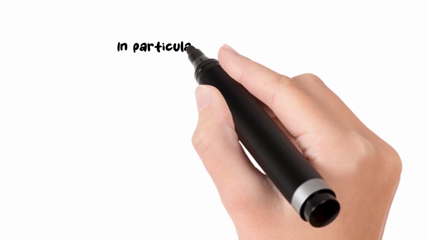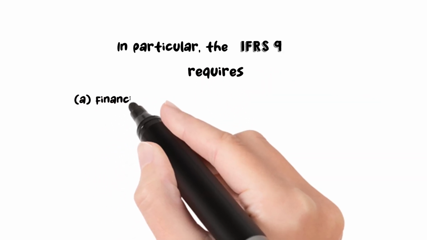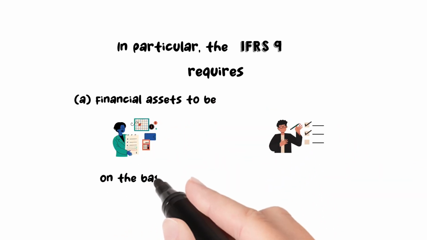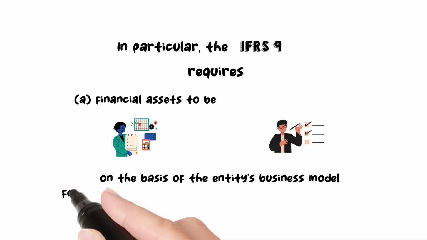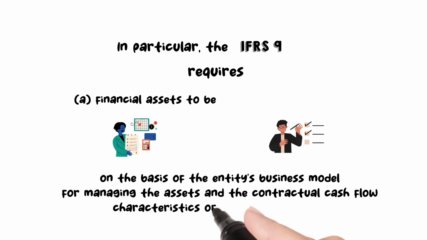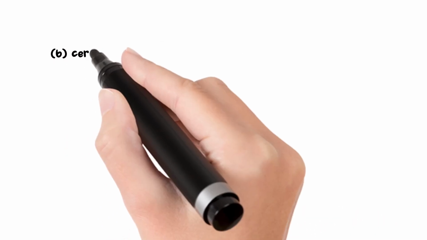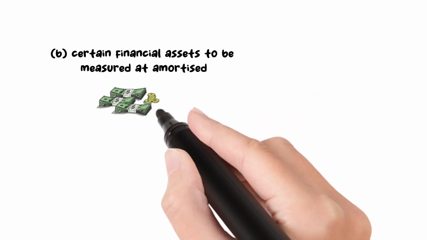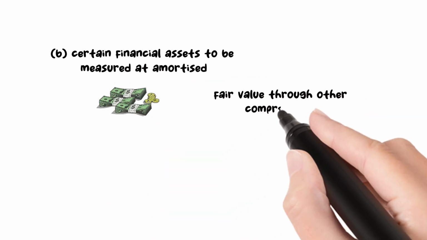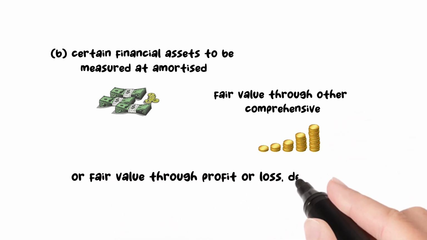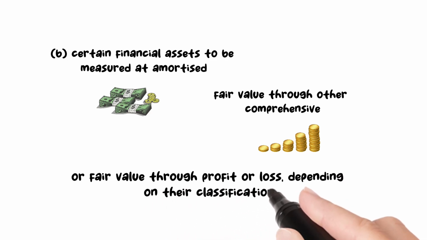In particular, IFRS 9 requires financial assets to be classified and measured on the basis of the entity's business model for managing the assets and the contractual cash flow characteristics of the financial asset. Certain financial assets are to be measured at amortized cost, fair value through other comprehensive income, or fair value through profit or loss, depending on their classification.